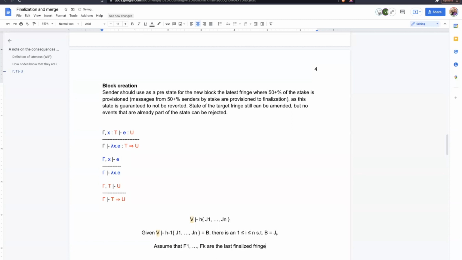All right. So now, therefore, V has produced one of them. Since they are finalized, we do not have to look at their justifications. It's as if they were Genesis.